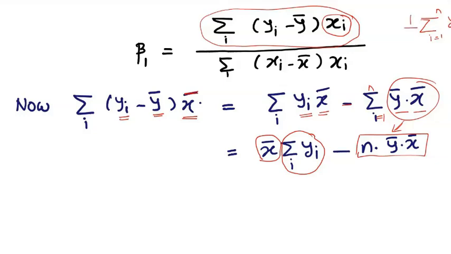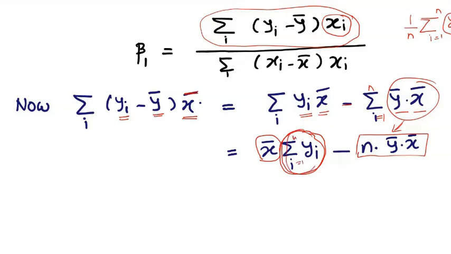So we know that this is y bar. Y bar is the average value of all y's. So summation i equal to 1 to n is nothing but addition of all y's, and divided by n will give me the mean value. Now here you have just summation of yi's from i equal to 1 to n.